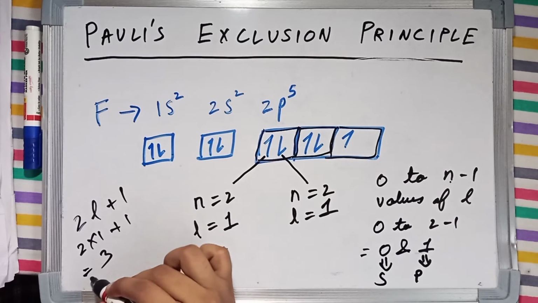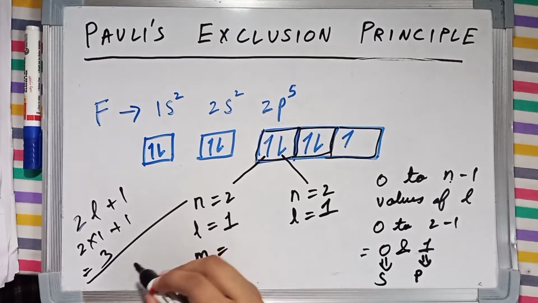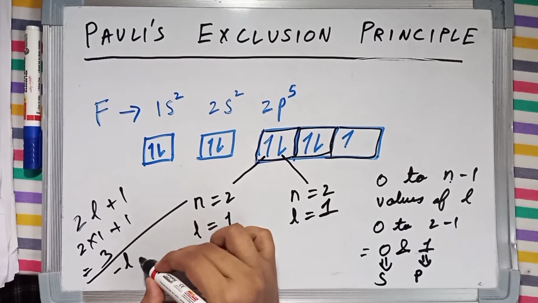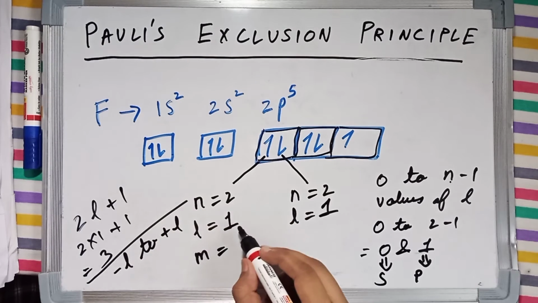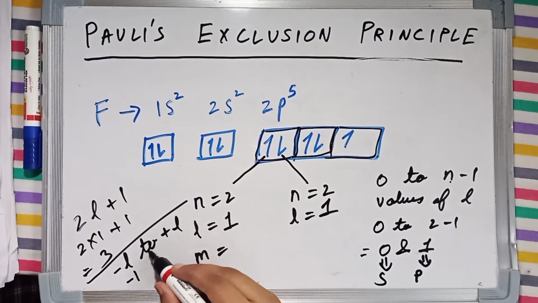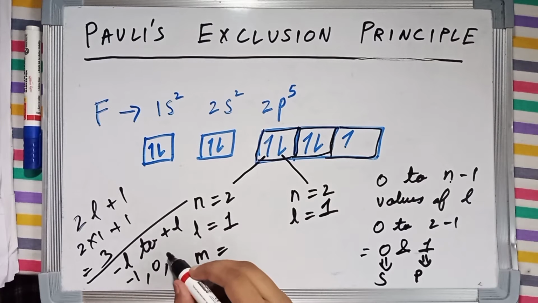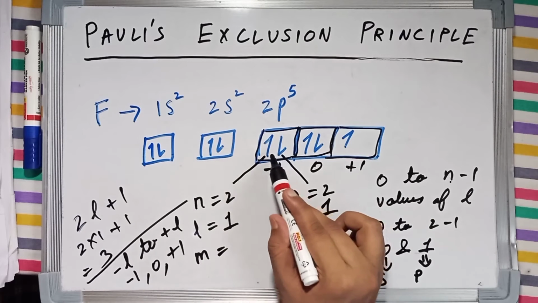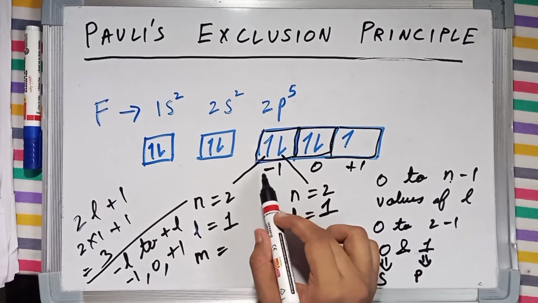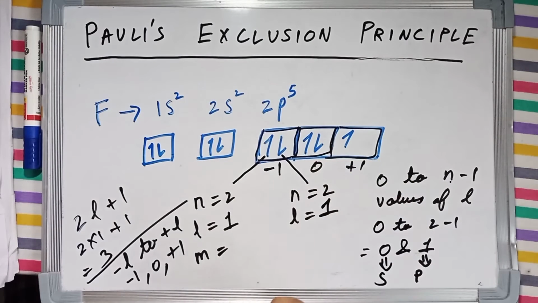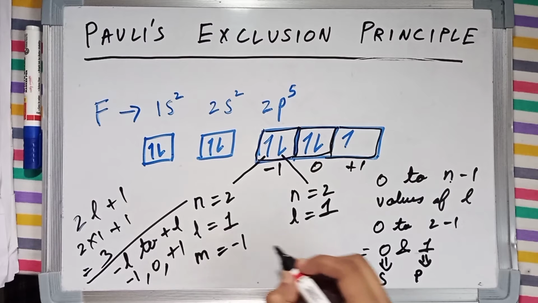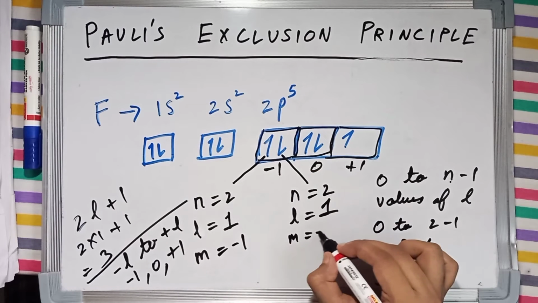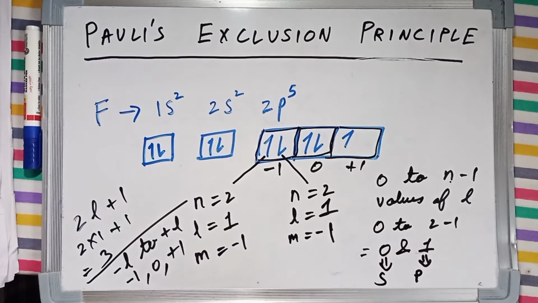The naming can be done as minus l to plus l. So we have 1, so minus 1, 0 and plus 1. But these two electrons both are residing in the minus 1 orbital. So the value of m here will be minus 1, and same for the second electron also, the value of m will be minus 1.